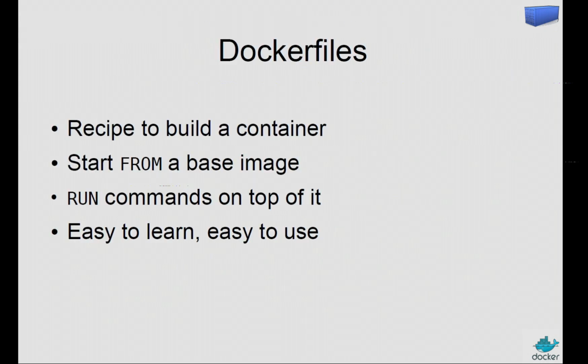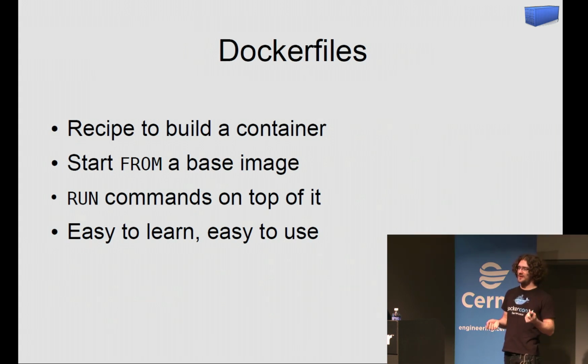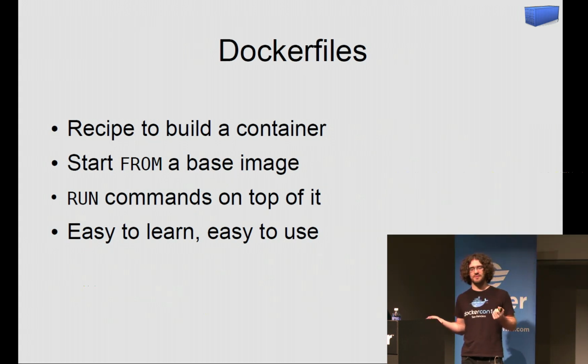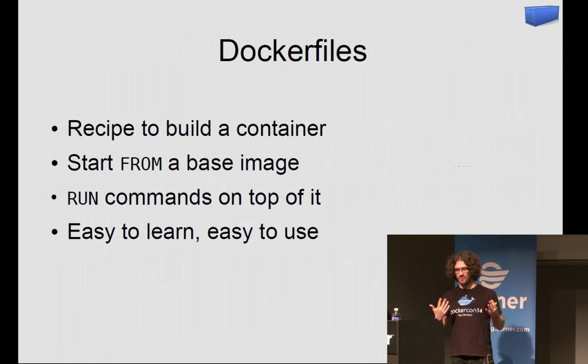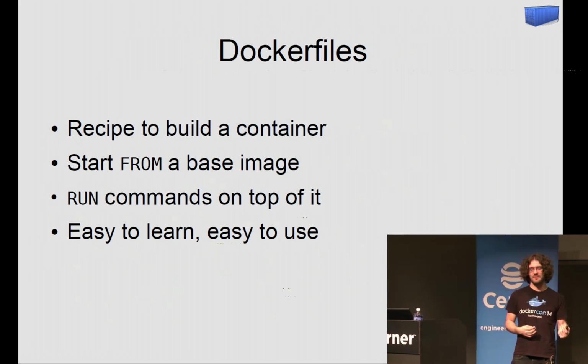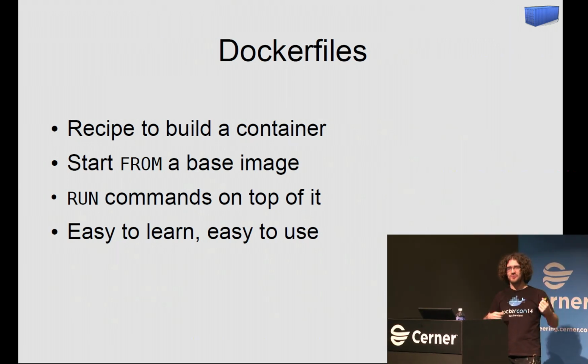Build. How do we build applications into containers? After a while, we came up with Dockerfiles. Dockerfiles are recipes to build containers. The idea is that you start from a base image, like Ubuntu or Debian or Fedora or whatever you want, and then you run commands on top of it. And this has to be really easy to learn, easy to use.